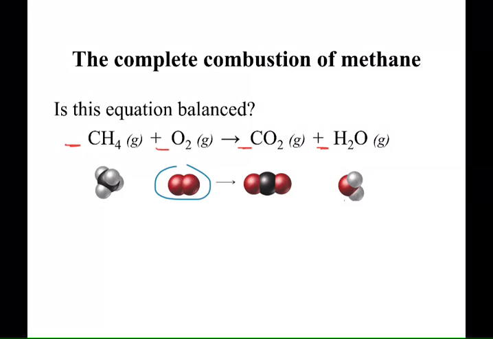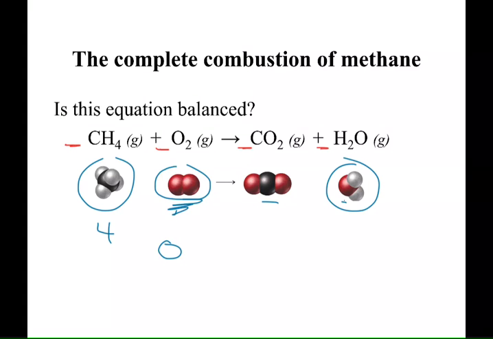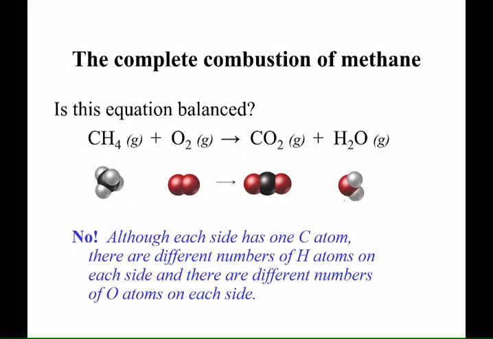I can see 2 red balls over here with this O2, and actually 3 red balls over here. So oxygens are messed up, and so are hydrogens. Hydrogens are those white things. I've got 4 hydrogens over here and 2 hydrogens over here. So it's not balanced with stoichiometric coefficients of 1 across the board.